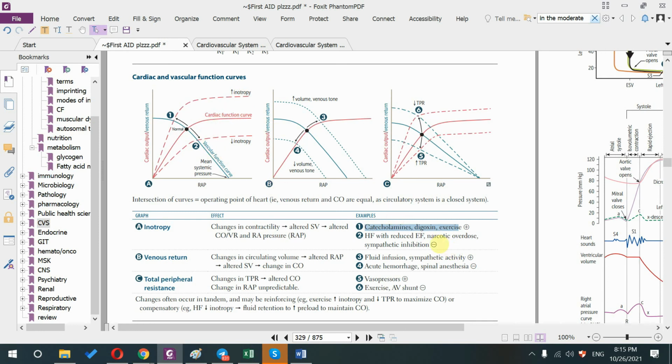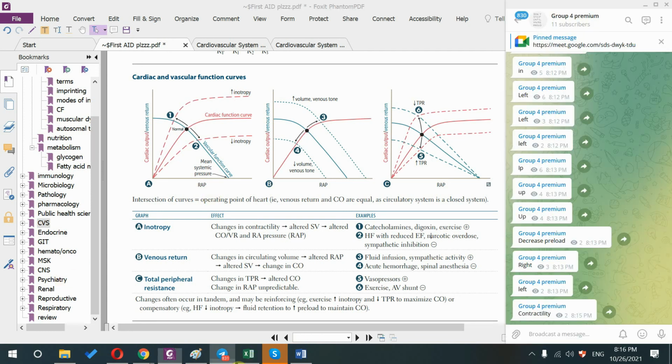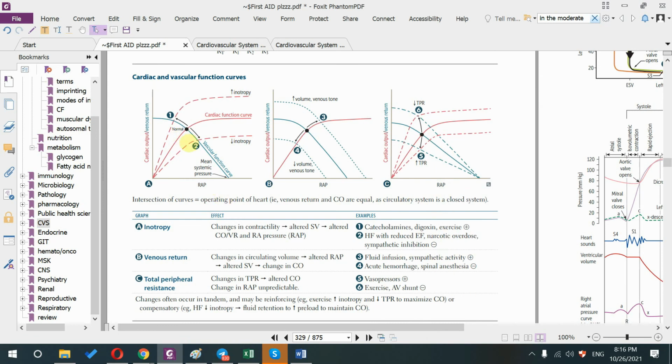Well, in reality, if you have a lot of catecholamines, digoxin, and exercise, you have tachycardia, okay? And if you are tachycardic, you're contracting your heart so much, what will happen to your right atrial pressure? You are getting all of the blood out of your heart, so it will go down. So when the right atrial pressure goes down, it will be somewhere to the left, so it will be here, okay guys?